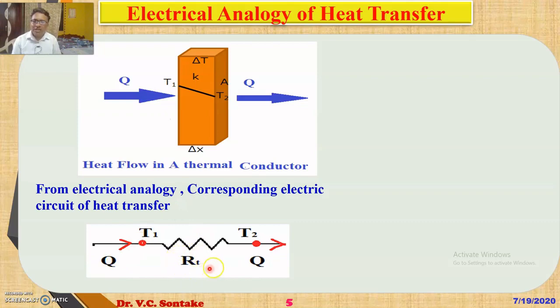So this RT will represent resistance to the path of this heat flow, called thermal resistance. So we can represent this heat transfer phenomena by this equivalent electrical circuit. Whenever we are going to study the heat transfer phenomena, we will be drawing this equivalent electrical circuit.